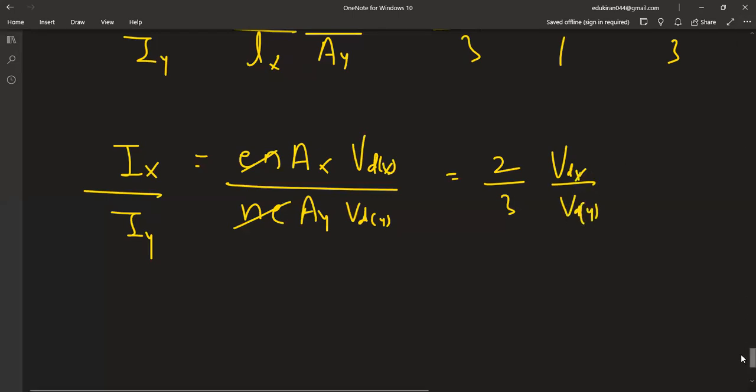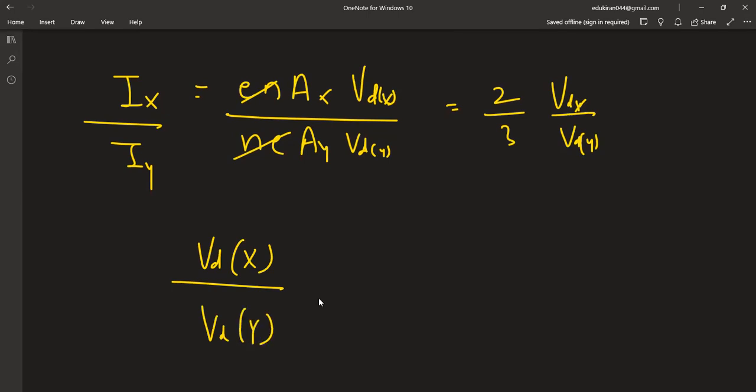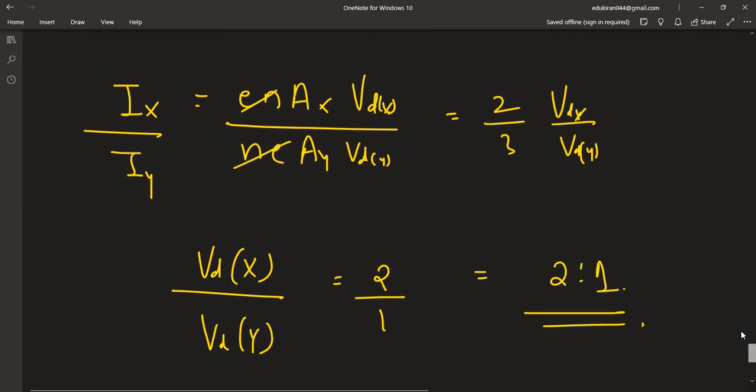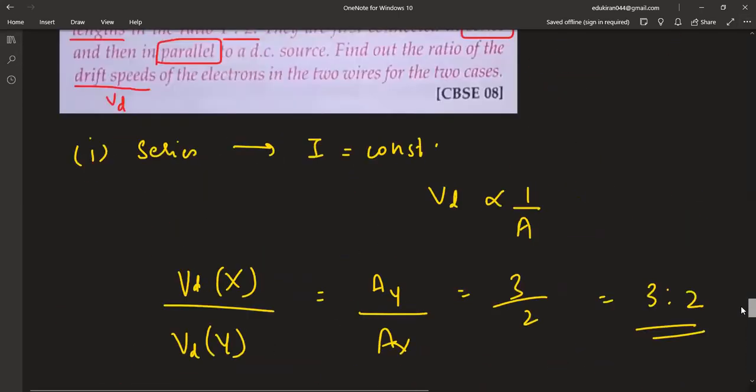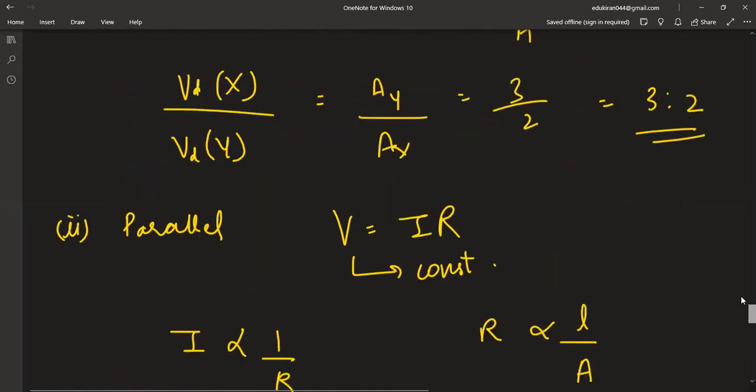So one more thing, class. Current we have calculated. Area we know. Cannot we calculate Vd, drift velocity? It can be calculated. So drift velocity of X by drift velocity of Y is 2/1, which is equal to 2:1. No, it's different. This was 3:2. This is 2:1. Write it.